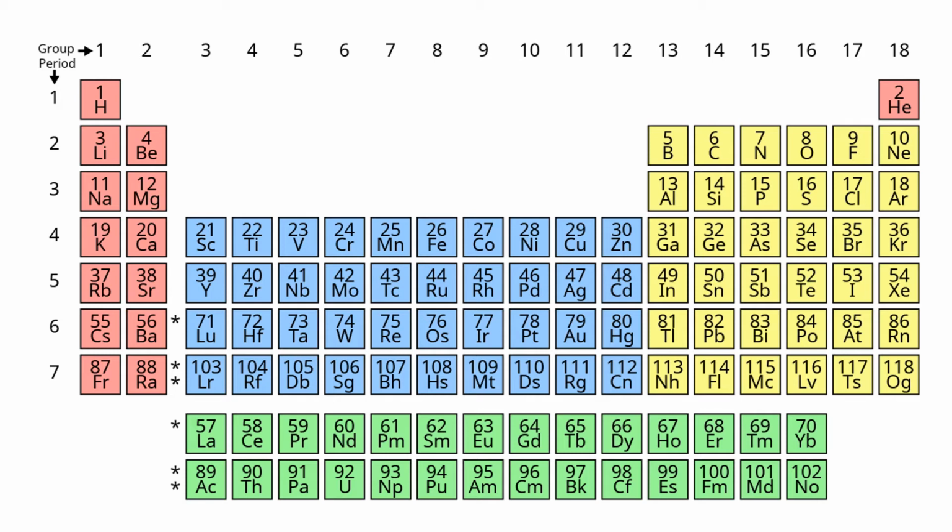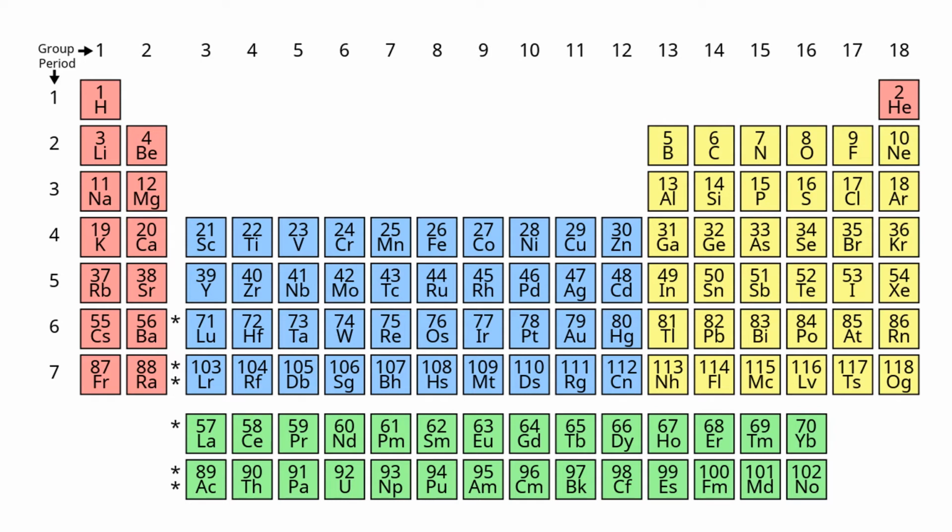So we're going to talk about first ionization energy exclusively. In order to remove an electron from an atom, it takes some energy because you've got to remove it from its shell, kind of pry it away. It takes some energy. It's an endothermic process. The further away the electrons are from the nucleus, the easier they are to remove.